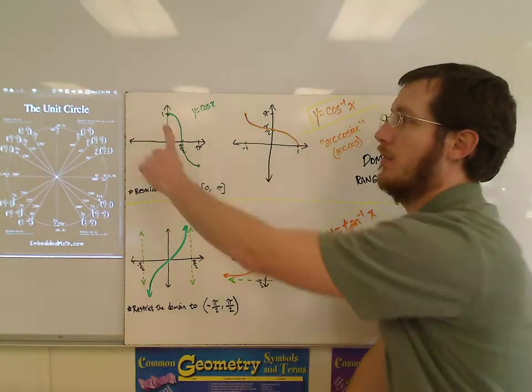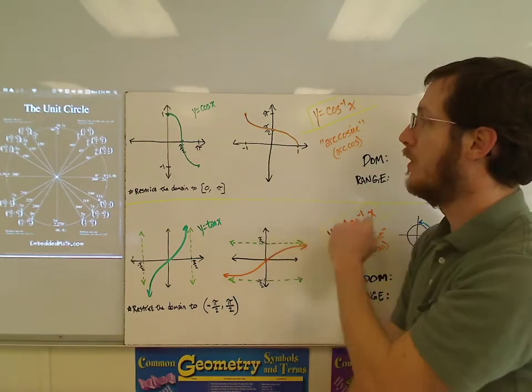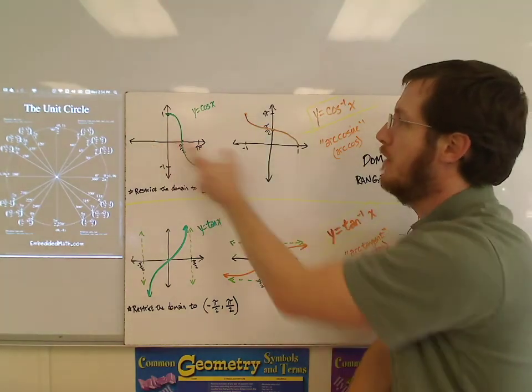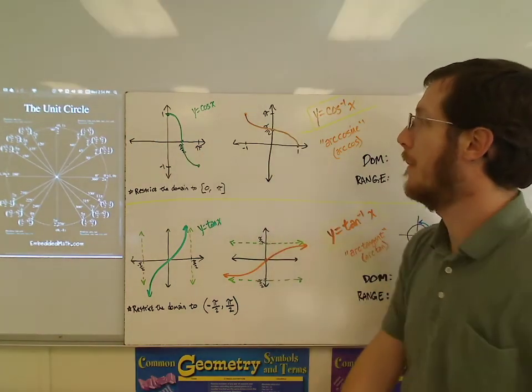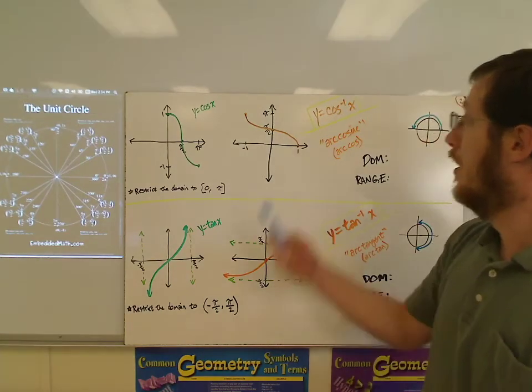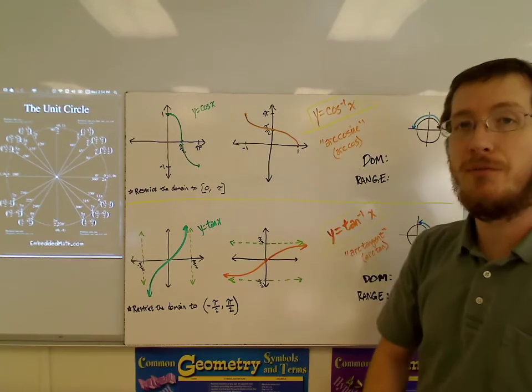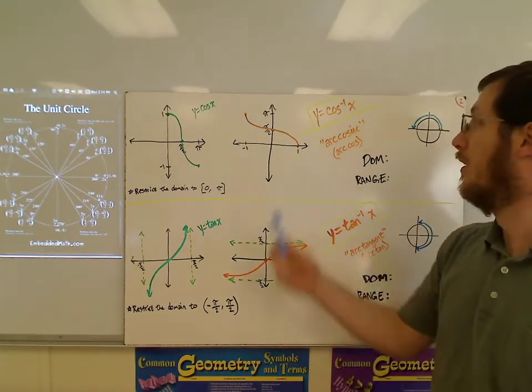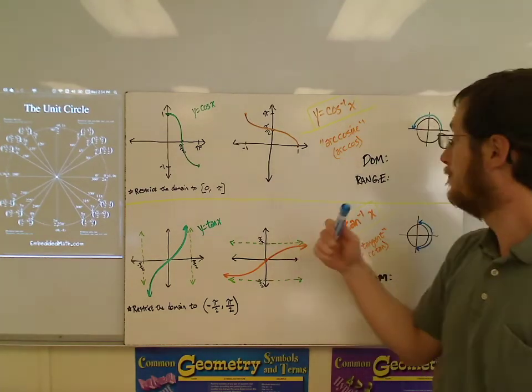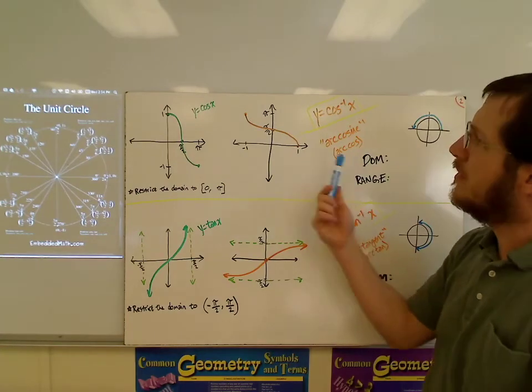Now our domain is what our range was, from -1 to 1, and our range is what our domain was, from 0 up to pi. Okay, so here's the graph of our function y equals the inverse cosine of x, also known as arc cosine. So what is the domain of this function?